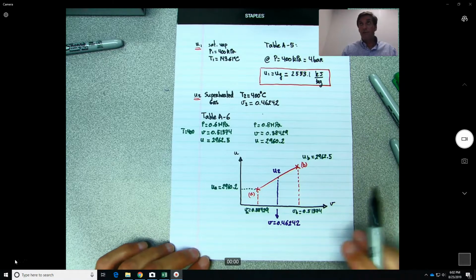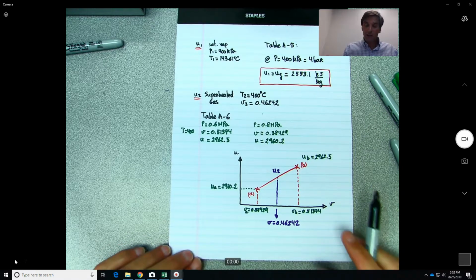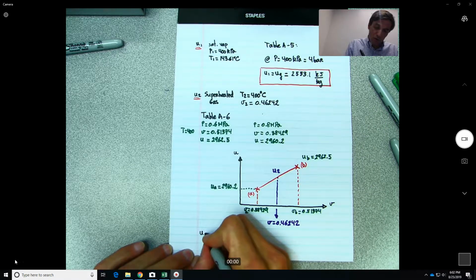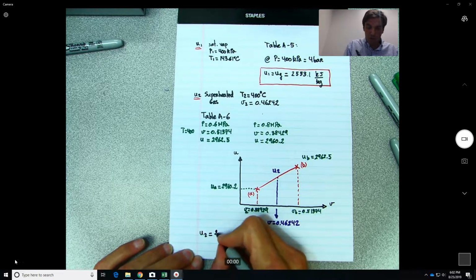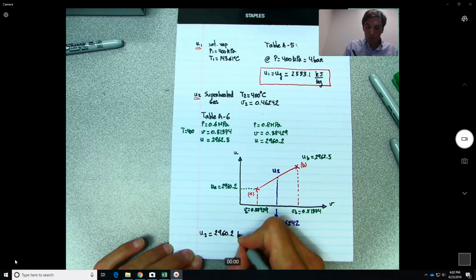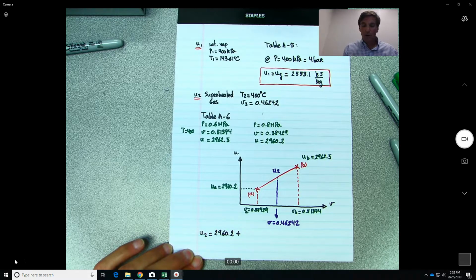Alright, so what we do over here is U sub 2 will be equal to what? If we start from this point, 2960.2 plus what?